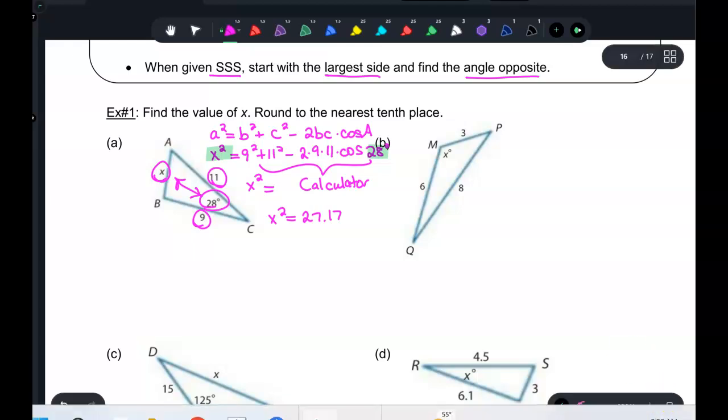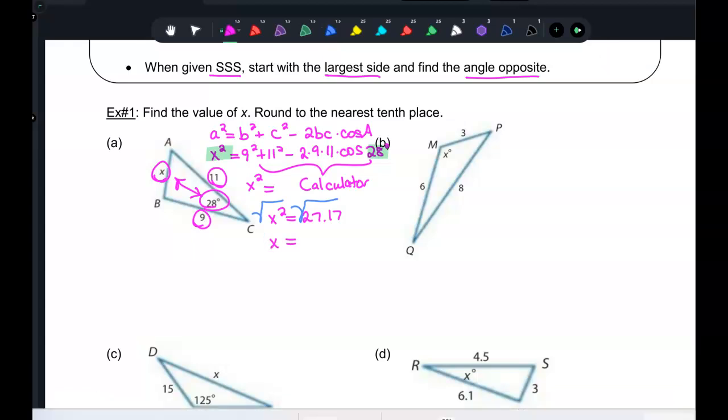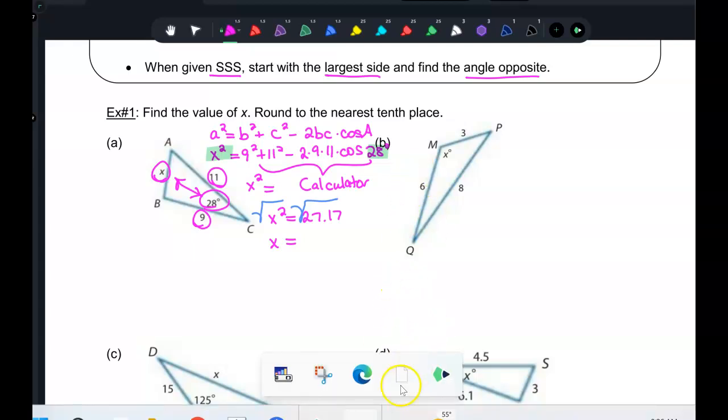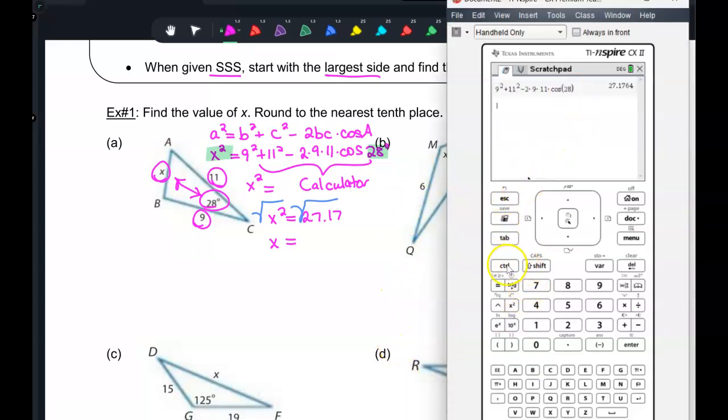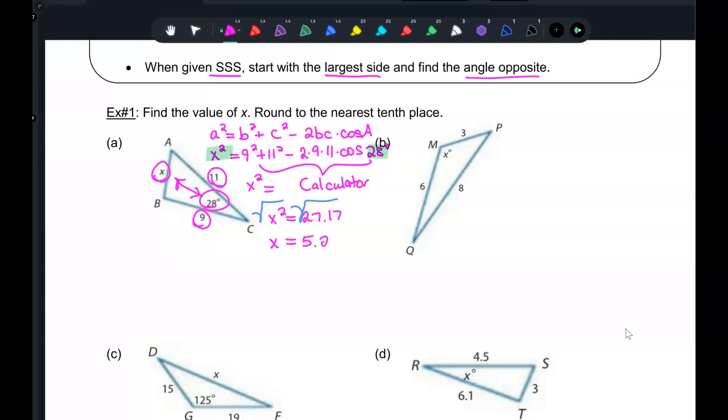We don't care what the exact answer is because I'm going to take the square root of that. To get the most accurate answer, x equals, I press second x squared for the square root, and then take the previous answer with second and the negative sign. I press enter, and rounding to the nearest tenth, we get 5.2.